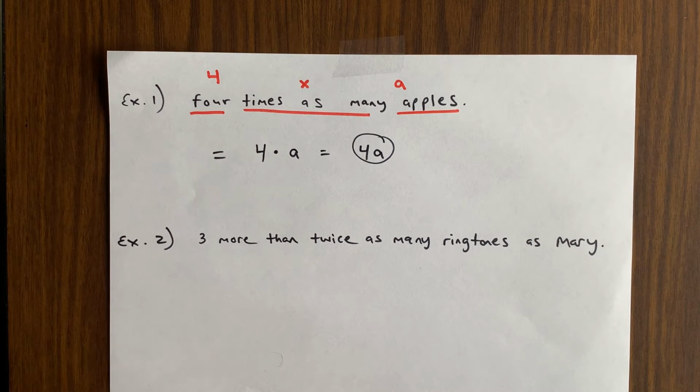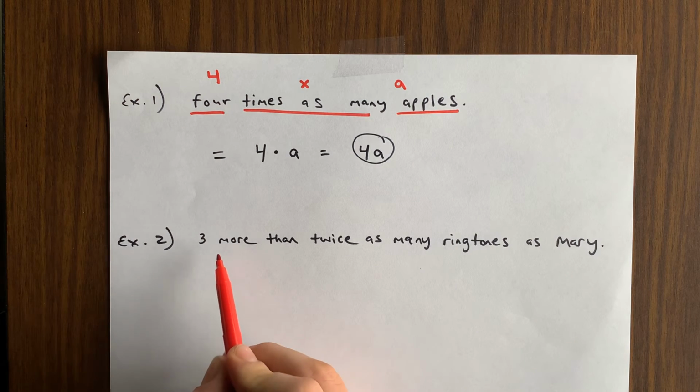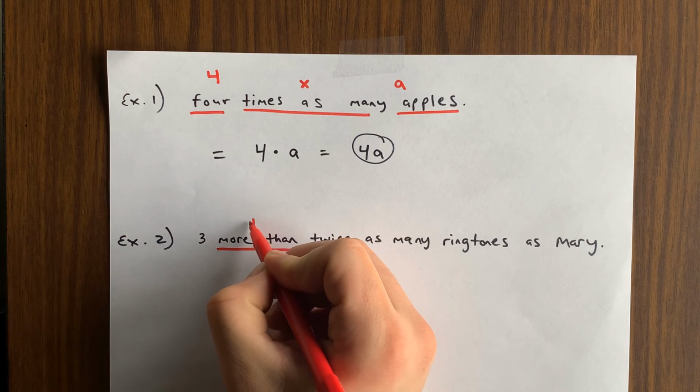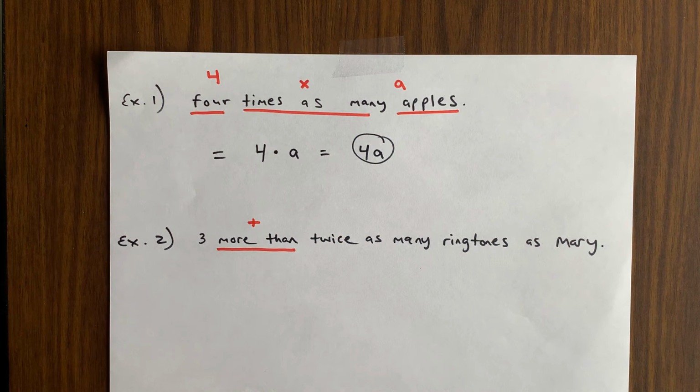Now you're also going to get 2-parters that look like this. It says 3 more than twice as many ringtones as Mary. Okay, 2 parts, 2 operations. Again, first step is always the same. Find your key math word, or in this case, words. There's going to be more than one. We should have more than. That should mean that we are adding.